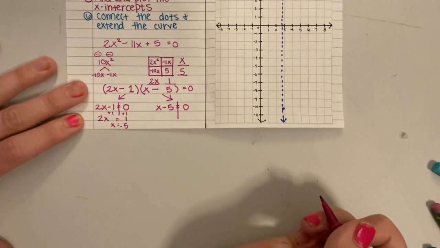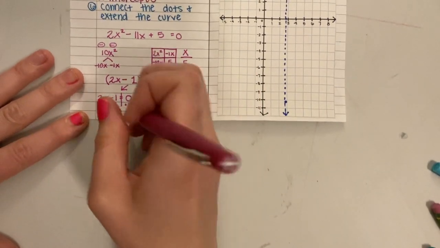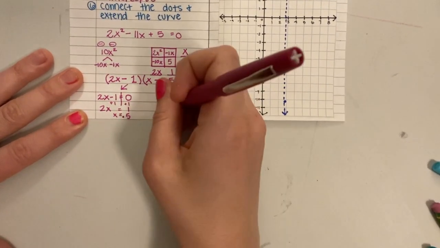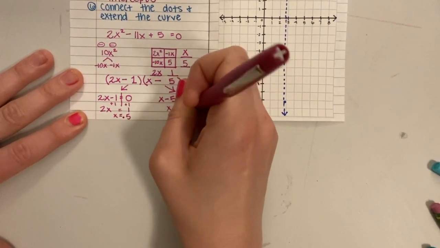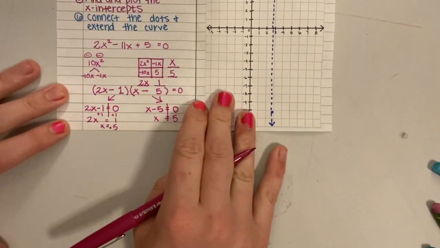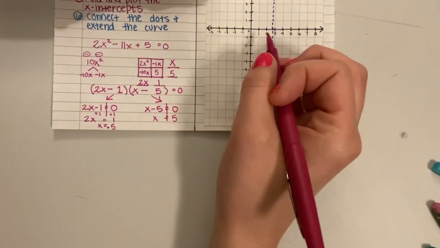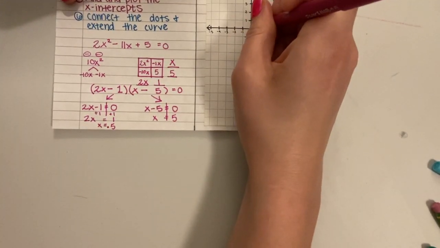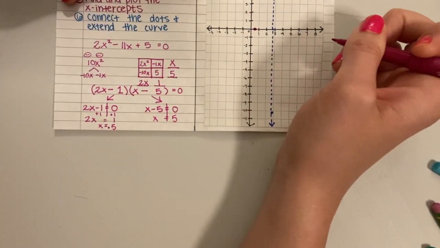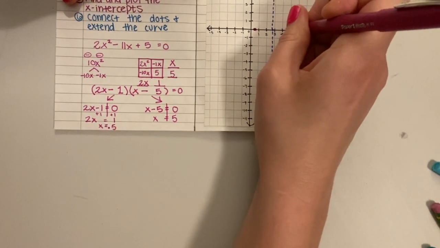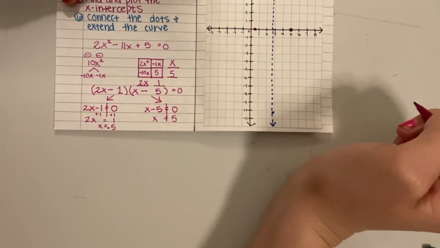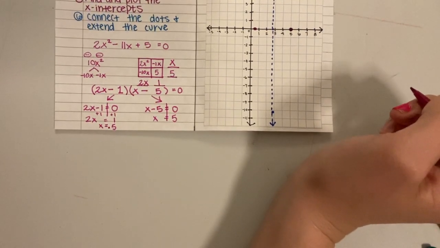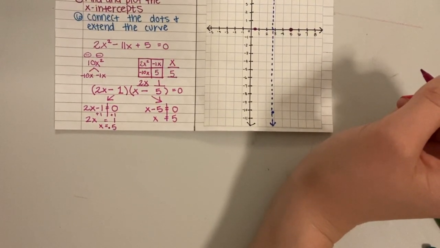And my first x-intercept is just 1/2 or 0.5. And my other x-intercept is 5. So on my x-axis, I'm going to find where my intercepts are, and I have one at 0.5 and the other one at 5. Then what I need to do is connect my dots and extend the line.